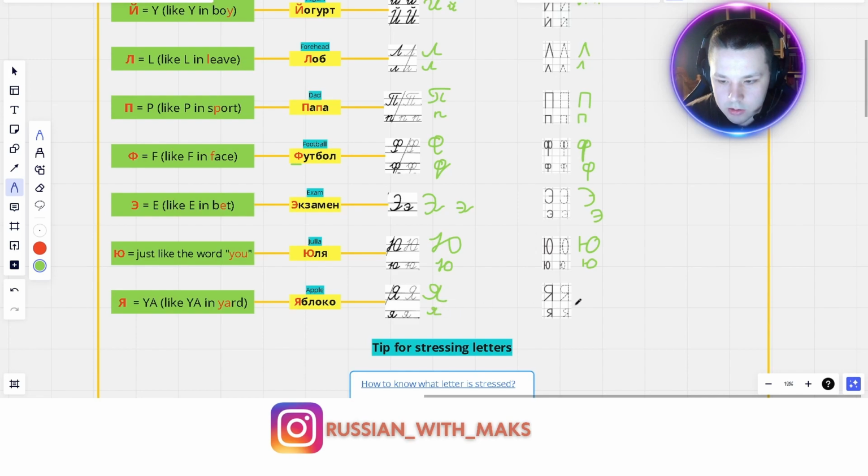And the lowercase. In here, in print, it looks like the letter R, the English R, but it's just backwards, completely backwards. Don't confuse them.